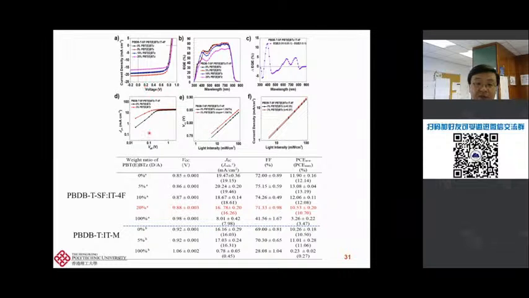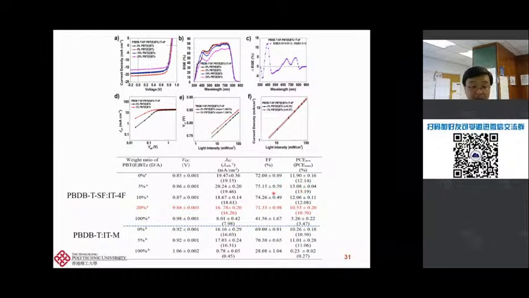This part is a general characterization, so I'll pass it. Let's go directly to the performance for two systems. For this material system, if it is binary, we get 11.9%, and by adding 5%, we can improve that to 13.1% efficiency.